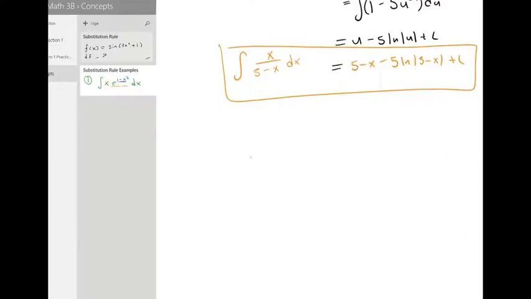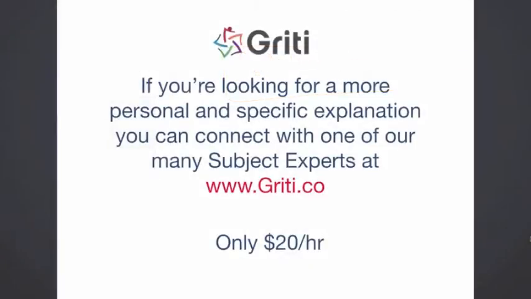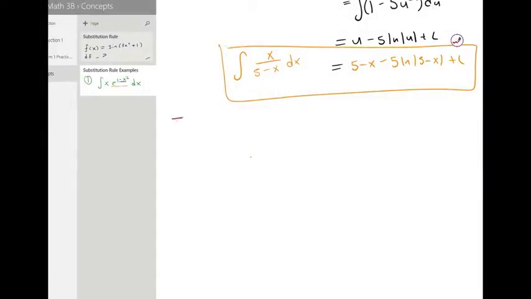Let's do a definite integral. So we have the definite integral from e to 1 of the square root of 1 plus ln x times ln x over x dx.